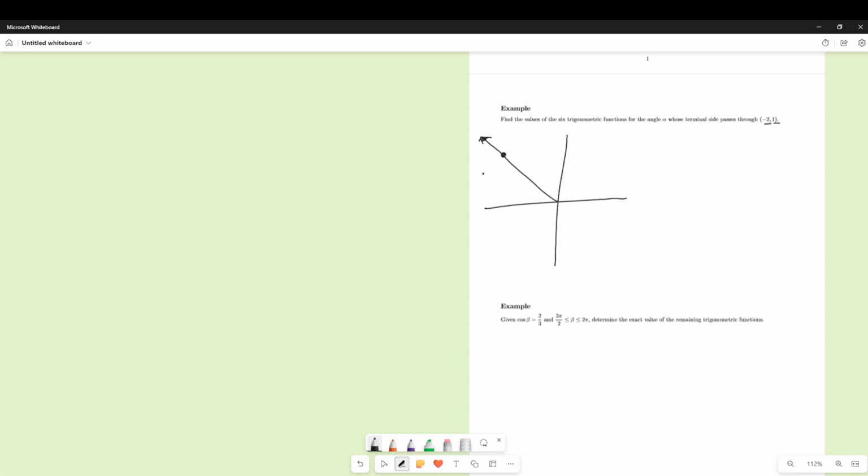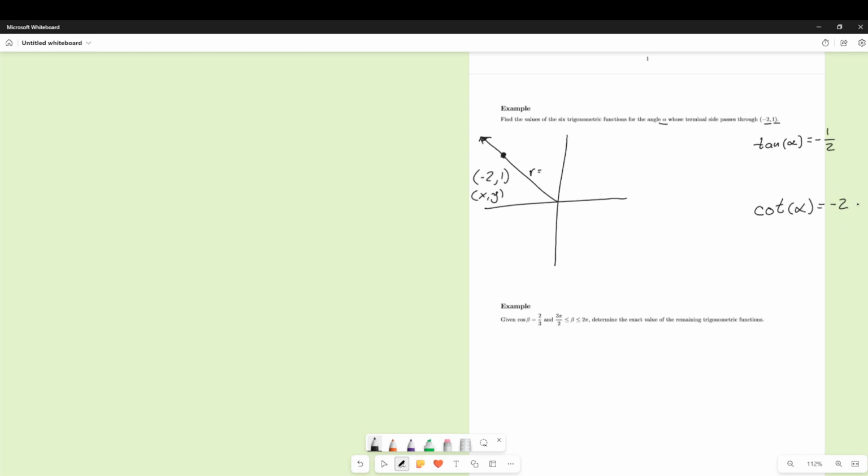So at negative 2, 1, I do need to know what that r length is, but we already have the x and the y. Boy, having the x and the y, we can actually already say what tangent is. Tangent of that angle alpha is y over x, so 1 over negative 2, or negative 1/2, which means the cotangent of alpha is negative 2 over 1, so negative 2.